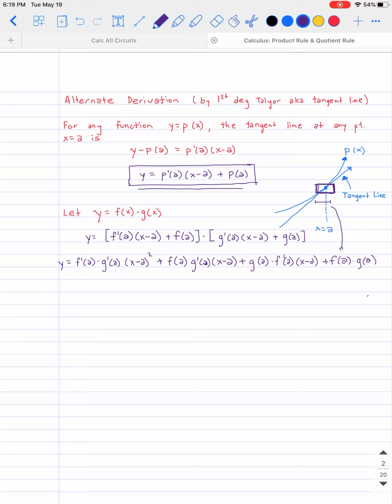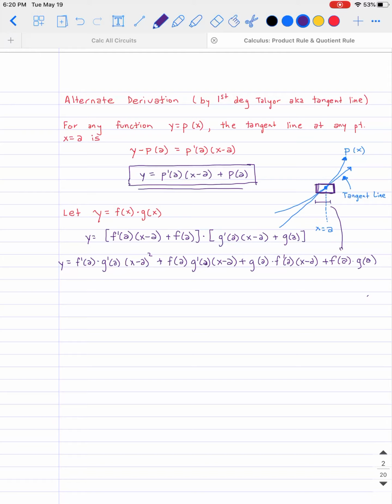Bear with me, we're almost done with this. This part is a little tricky. As x approaches a, we have to think about what happens to some of these terms.